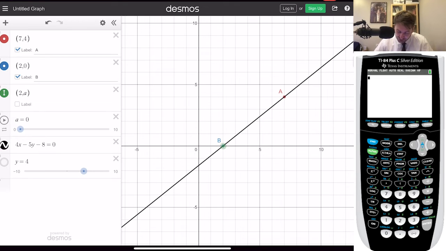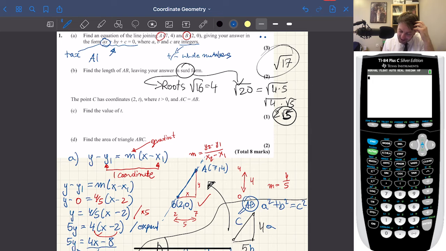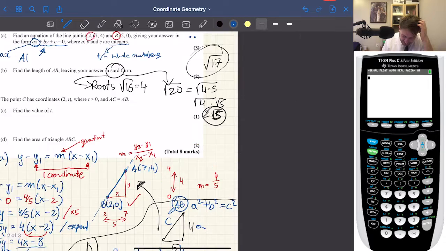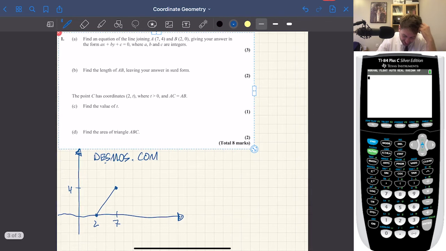Going back to that question, we are told that AC and AB are the same. What does this mean? It means that when I have this coordinate 2 and this coordinate here at 7, 4, there is an extra line there, and those two lines are equal to each other.